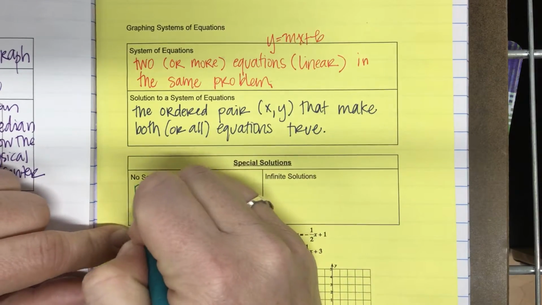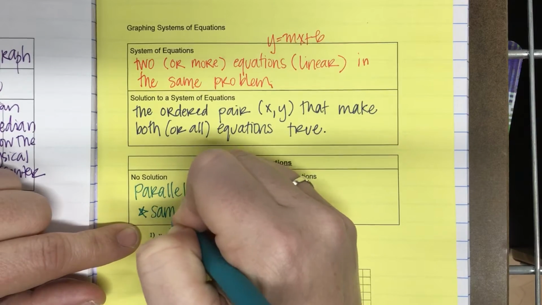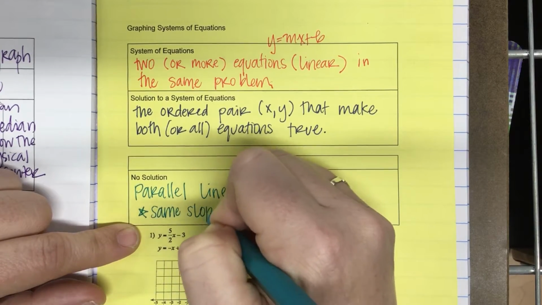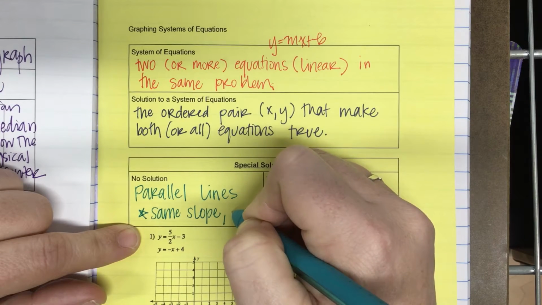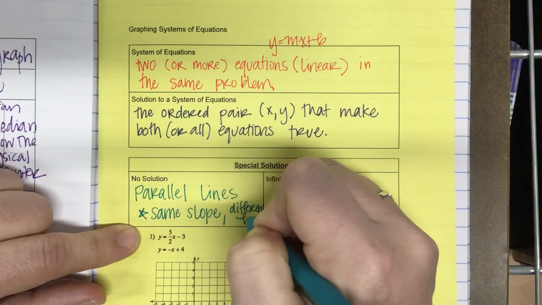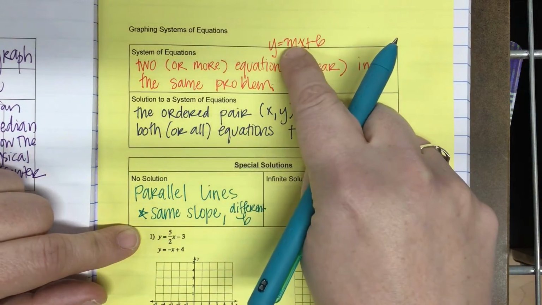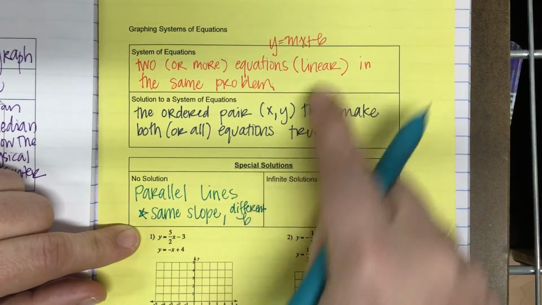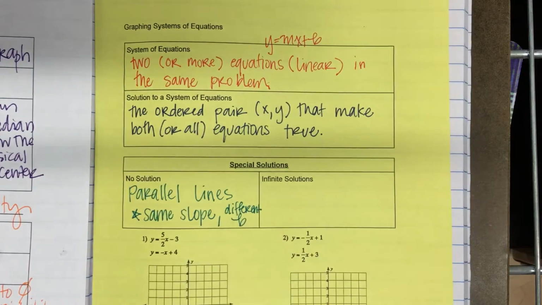And we can identify really quickly that they're parallel lines because parallel lines have the same slope, but a different b, or y-intercept. So they're going to have the same slope, the m is going to be the same, but they're going to have a different y-intercept. They're going to have a different b.